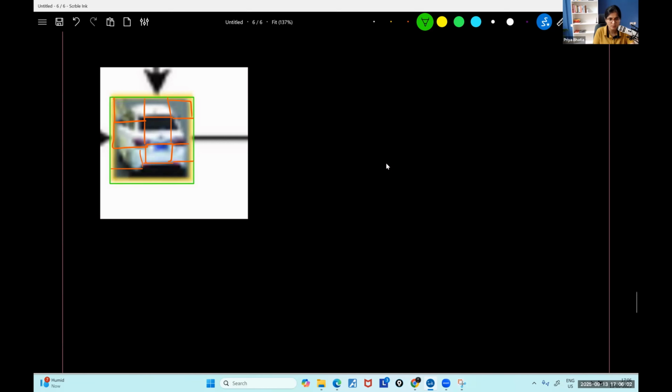So if you have an object available here, what we want is a bounding box that covers it completely. It should not be halfway. For example, if I have an object here, my bounding box should not cut it.